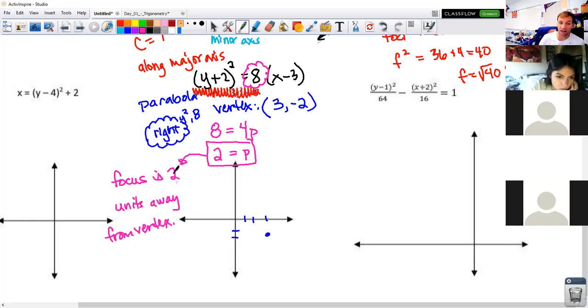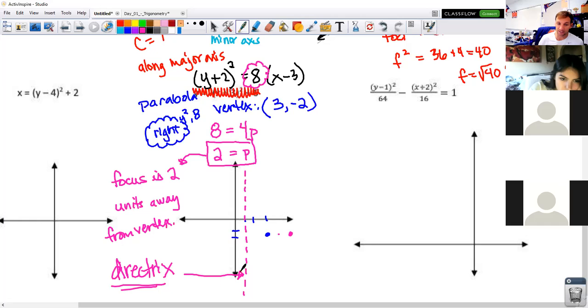Because it's a positive 2, it's 2 units away to the right, along the positive direction. Then we have something called your directrix, which is a vertical line. It is also 2 units away on the other side of your vertex. This is your directrix line. In this case, the directrix is x equals 1.